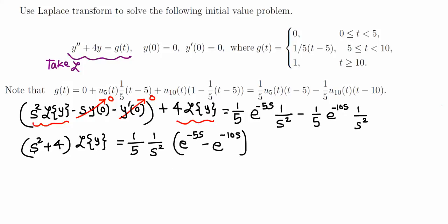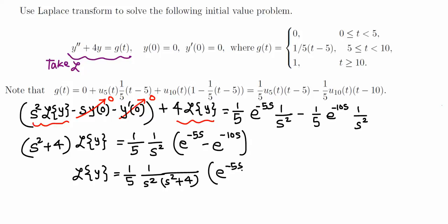Now divide by s squared plus 4, then Laplace of y equals 1/5, 1 over s squared already there, and we are dividing by s squared plus 4, so I want to keep this together, times (e to the negative 5s minus e to the negative 10s).